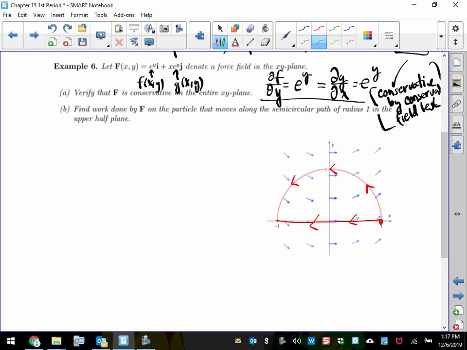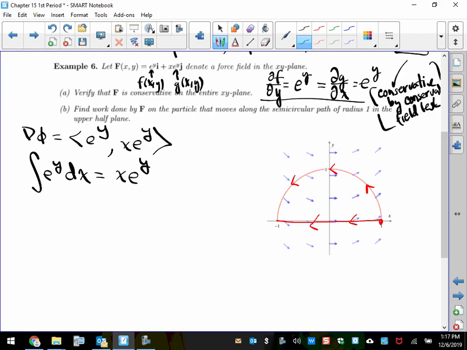The other way to do it is to find the potential function phi. I think we'll go ahead and do that. So the gradient of phi is equal to e to the y, x e to the y. So then let's do the antiderivative of e to the y with respect to x. That's x e to the y plus some h of x. And now let's take the partial of that with respect to y.